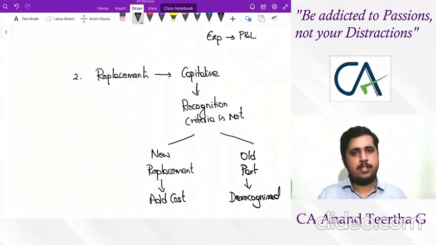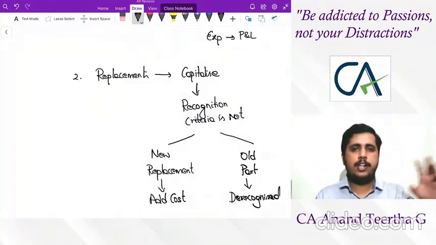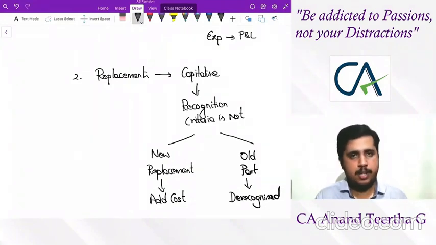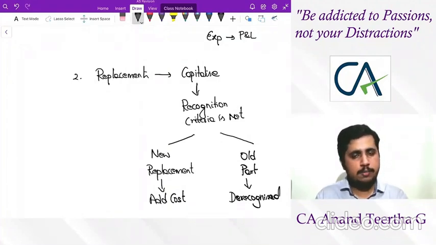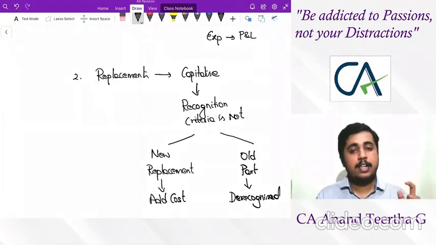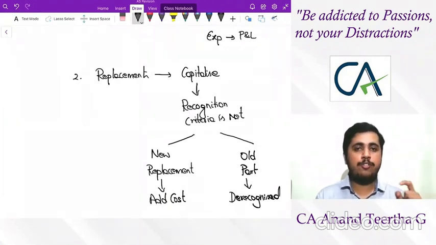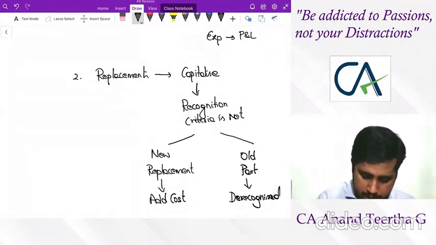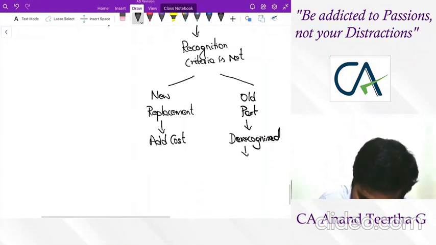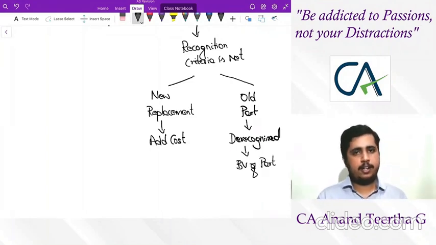Say a coolant has been replaced for the large machinery. Now, for this coolant that has been replaced, number one, the new coolant cost will be added to the main asset. The carrying value of the old coolant will be derecognized. So, what are you going to derecognize? The book value of that part. That has to be deleted. Otherwise, what happens?